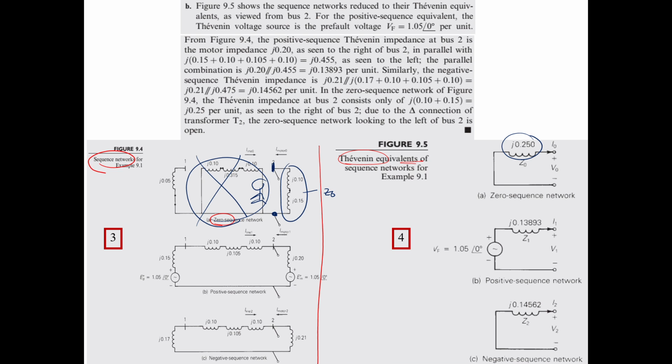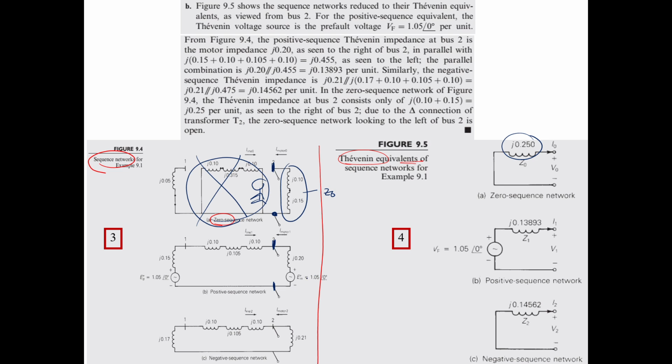Now if you want to find the Thevenin equivalence for positive sequence, this is rather simple. You look at these two points, and this is connected to the same voltage.